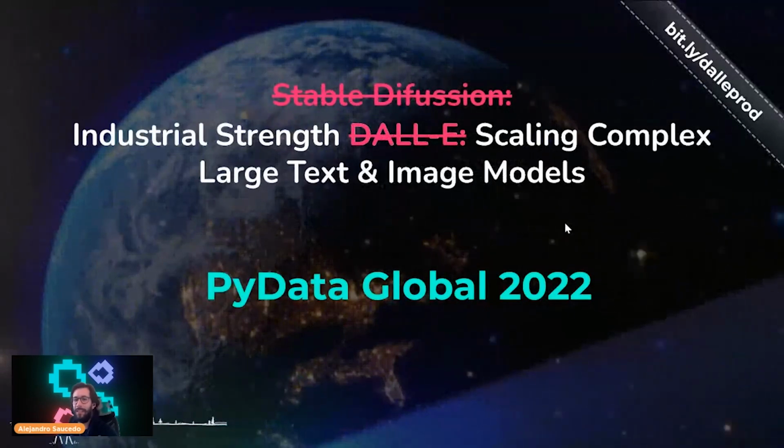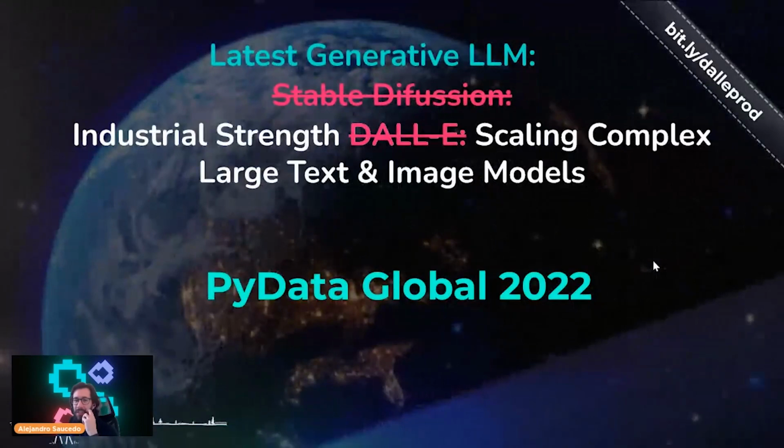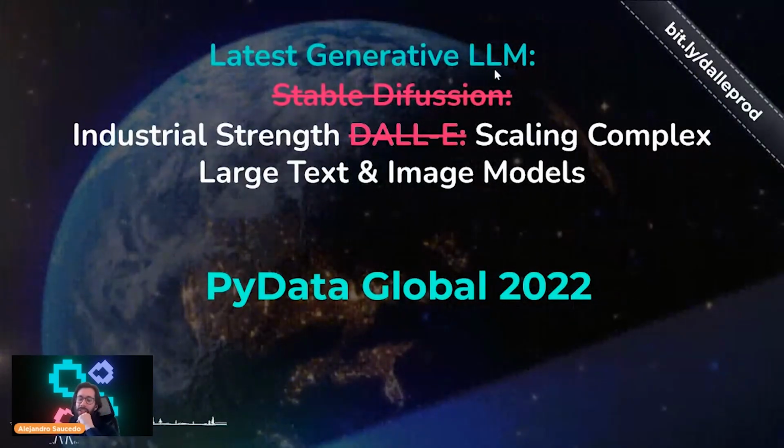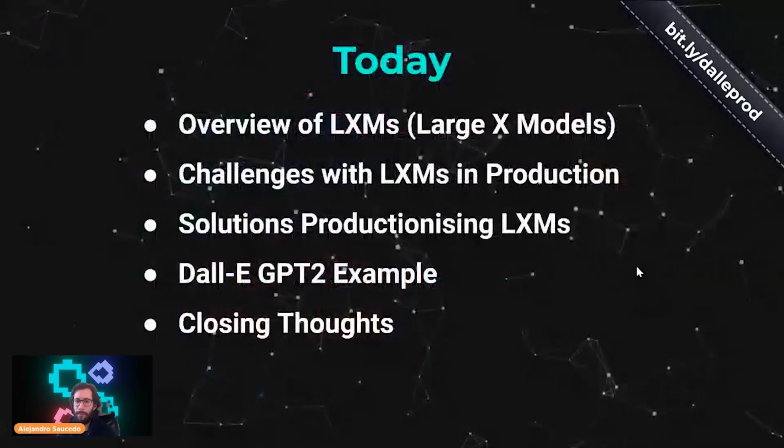So whether it is DALL-E or Stable Diffusion, or the latest generative large language model, or any large model, as we're going to cover in this session, we want to make sure that the concepts that we're going to be delving into apply beyond just these examples.